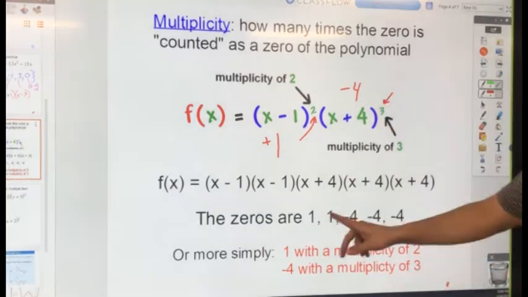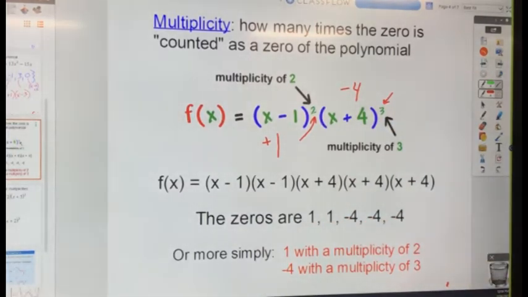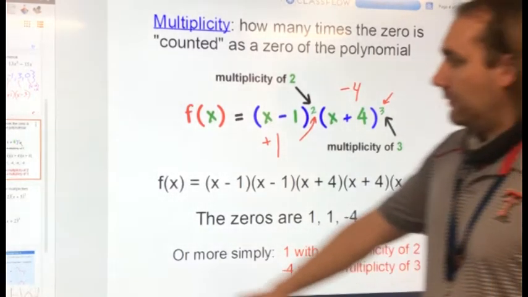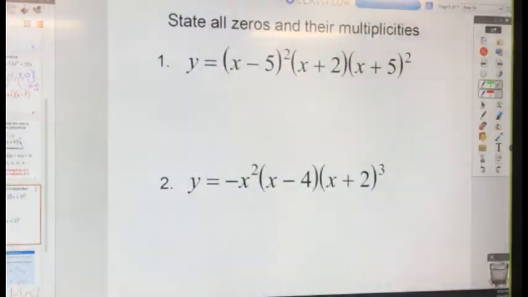So this polynomial has 1, 2, 3, 4, 5 zeros. And if I look at the multiplicities, these should count up to 5 as well. 3 plus 2, 5.